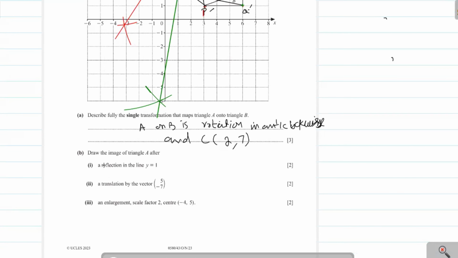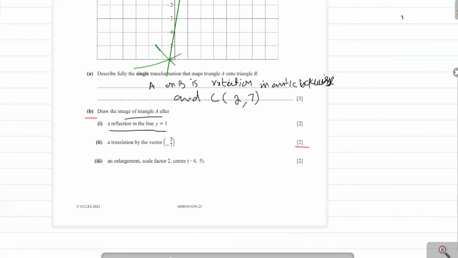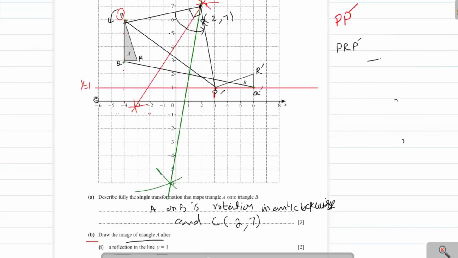And the next part B, draw the image of the triangle A after reflection in the line y equal to 1. Now firstly we draw the line y equal to 1. This is the line y equal to 1, the line parallel to the x-axis, which cuts the y-axis at 1.